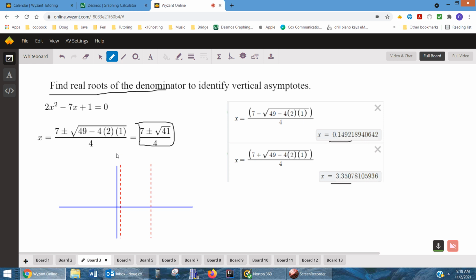This is the line x equals 0.149, and this is the vertical line x equals 3.35. Okay, and that will come into play later. So the point of locating these vertical asymptotes is that the graph can never cross those red dashed lines.